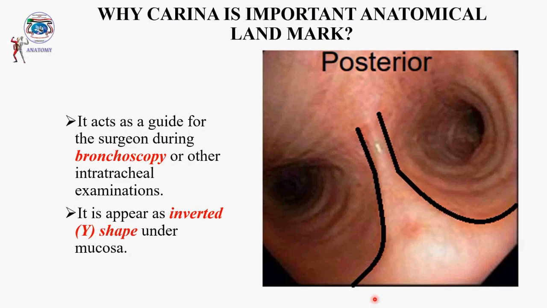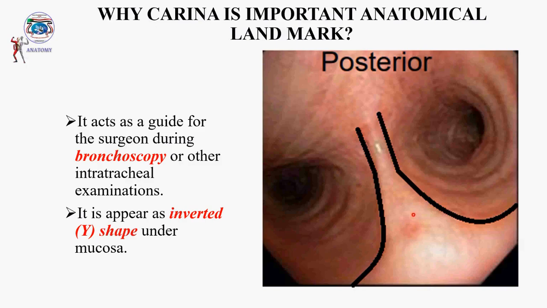Then what is the importance of the carina? The carina is an anatomical landmark that acts as a guideline for surgeons during endoscopy or any intratracheal examination, to check what is going on inside the tracheal tube.